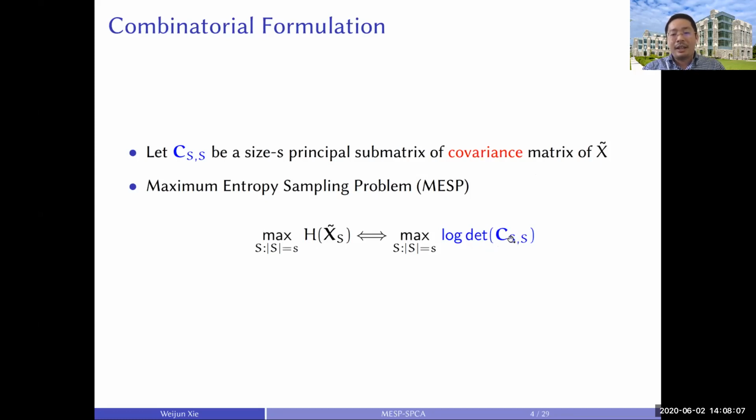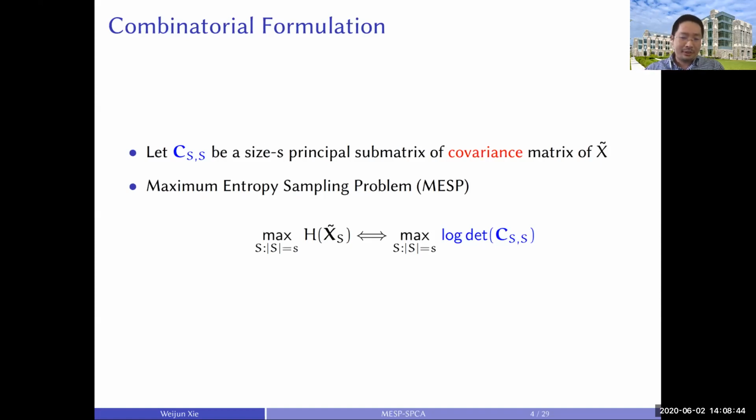Here S is a subset of buses, for example, and the size of S equals small s. So the entire problem is that we are trying to choose a principal submatrix of size s from this covariance matrix such that its log determinant, or the information, is maximized.